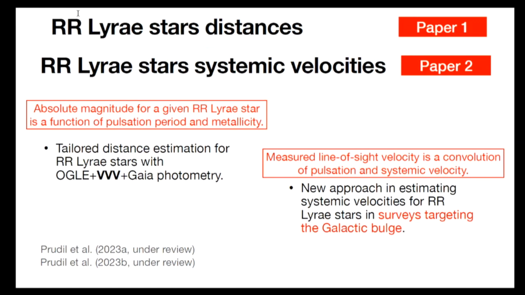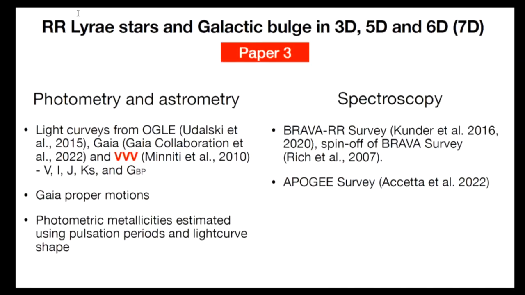We focus on the surveys that target the Milky Way bulge, and for those, we calibrated these approaches for the nearby solar neighborhood. Now, for the actual bulge work, as I said in the previous slide, we are using the Optical Gravitational Lensing Experiment, and there we identified RR Lyrae stars. We are using VVV photometry to have a good handle on the extinction and the reddening, to have reliable distances.